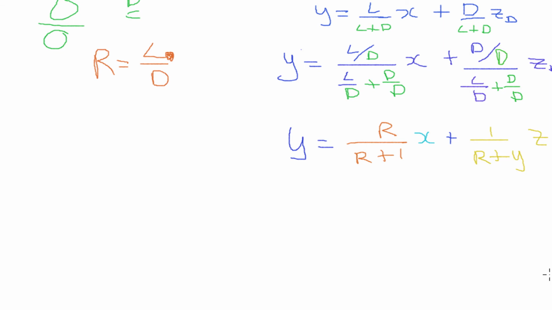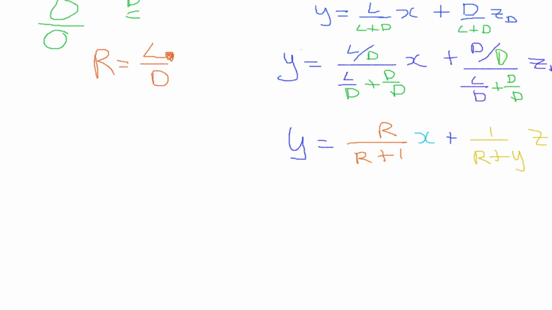Once we substitute the value of R and simplify the equation, we get this equation, which is the equation that most of the time you would use in the McCabe-Thiele method.